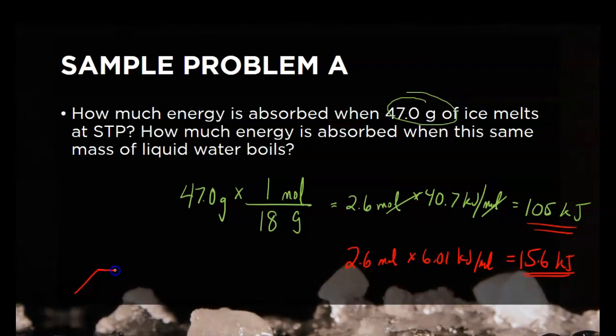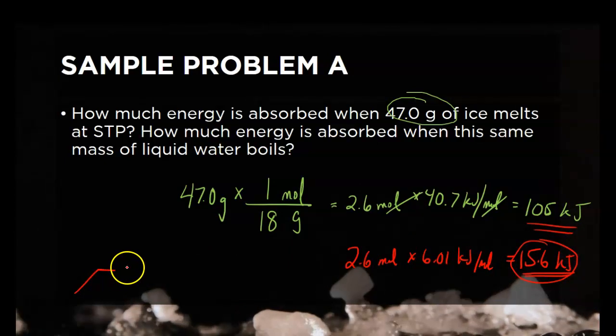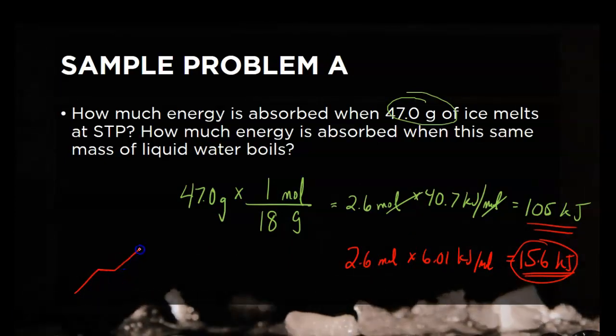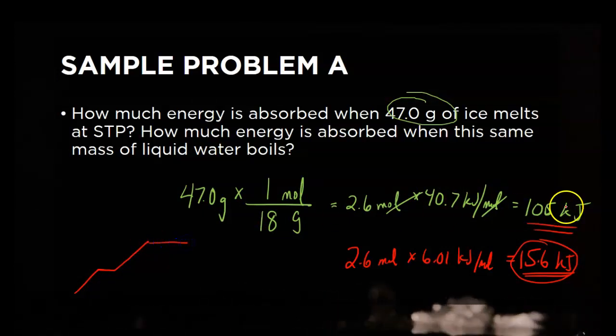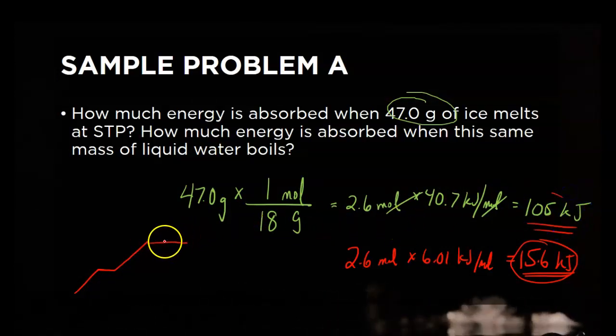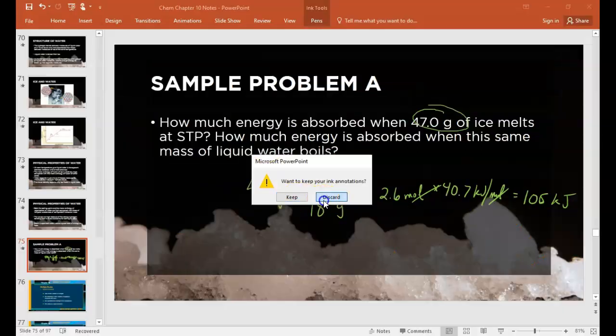What we calculated right here at the melting point is how much energy it takes to melt it. Then it takes more energy to heat it up to the boiling point. And then what we calculated here is how much energy it takes to boil it all. And now we're going to look at heating up steam even hotter than that. Does that make sense? So I'm going to get rid of all that.